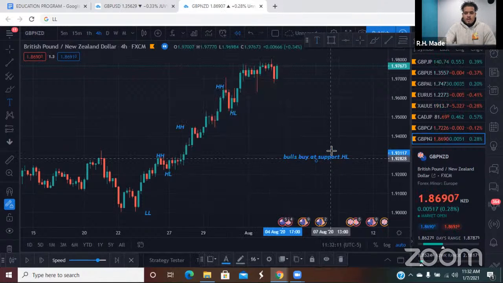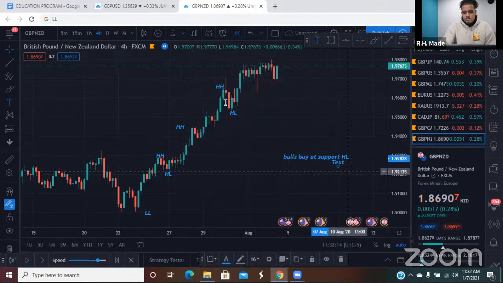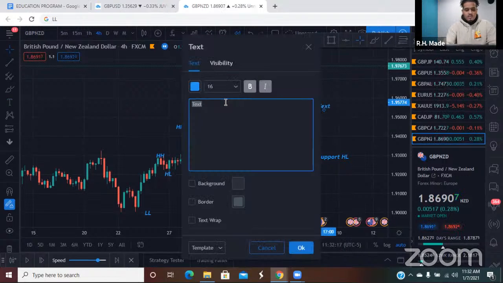Bears sell at, I'm gonna just type this in so you guys can take notes. Bears sell at lower highs. They sell at resistance.